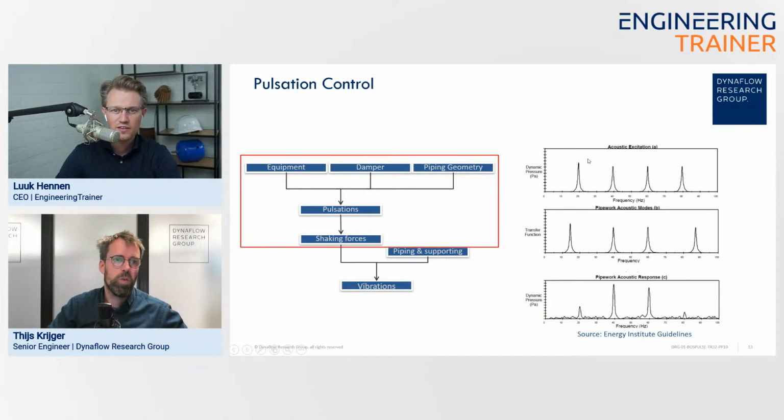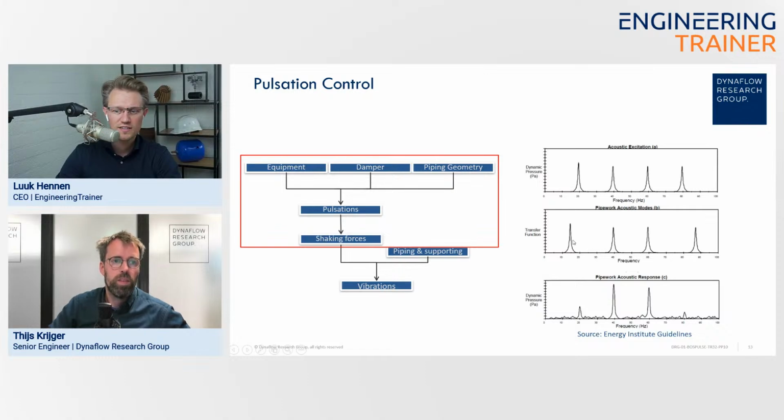So if we look at a plot like on the right, where on the horizontal axis we have frequency, and on the vertical axis we have dynamic pressure. The system might produce pulses at multiples of, let's say, roughly 20 hertz. By system you mean the equipment? Yes.